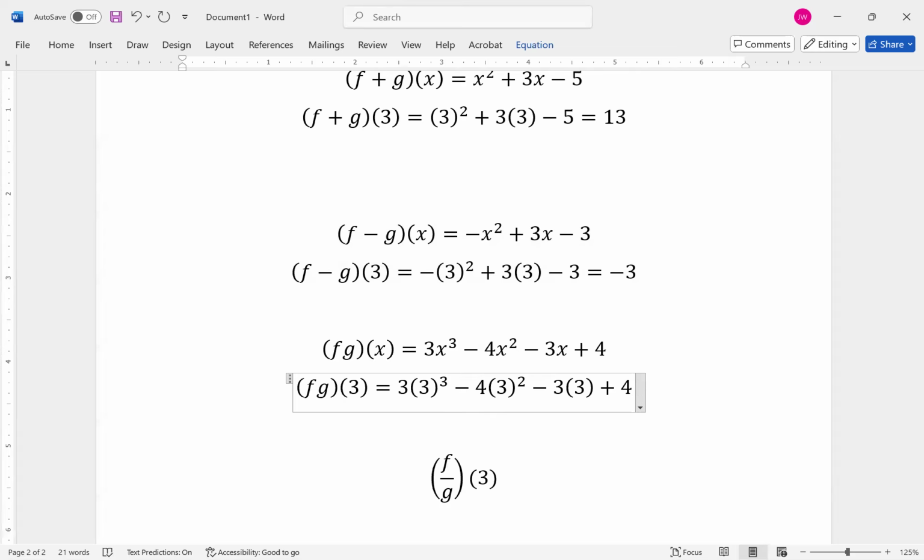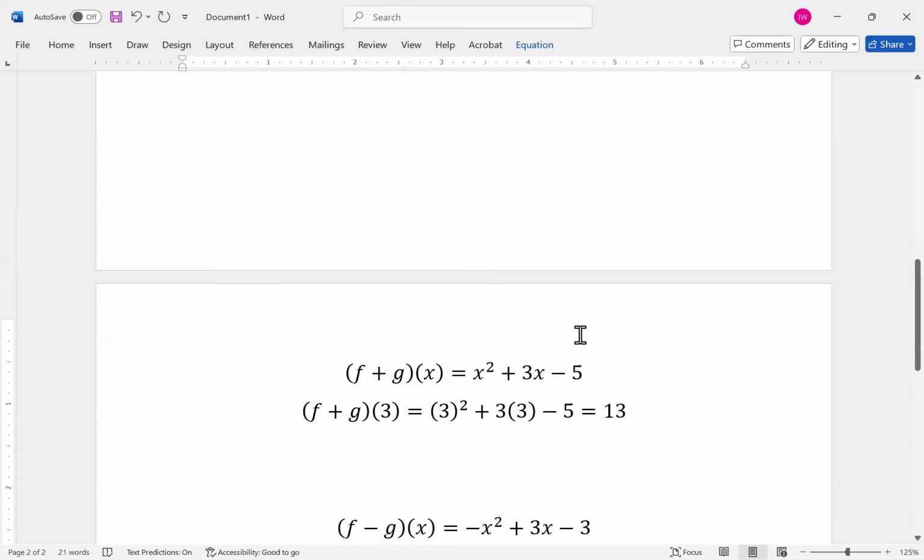That's a lot of work. When I plug that into my calculator, I got a 40. A lot of stuff to do by hand if we had to do it by hand. So f times g of 3 is equal to 40.